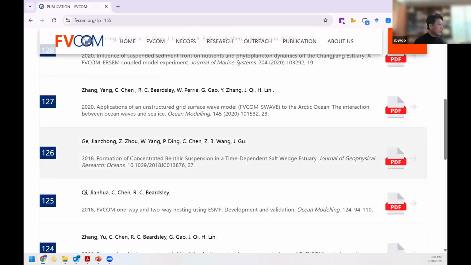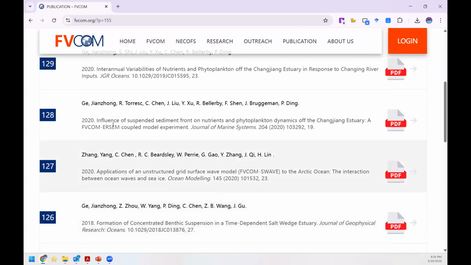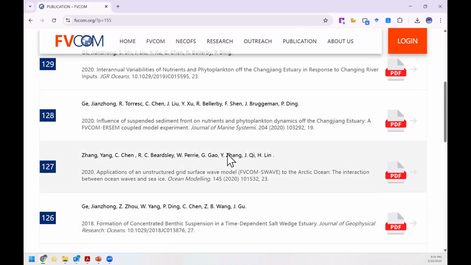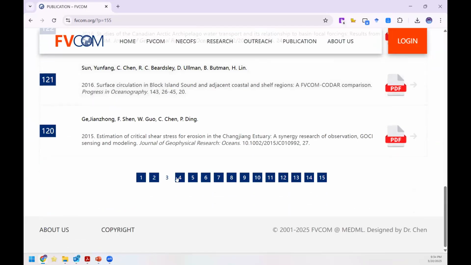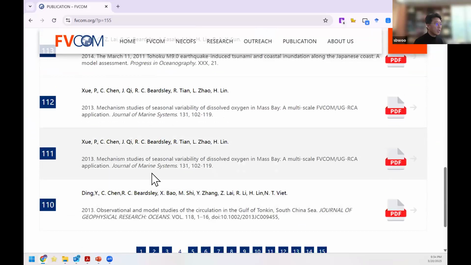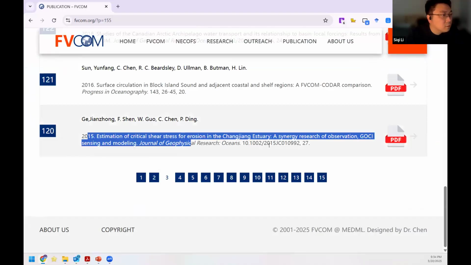Oh, maybe number 120. Formation, sediment transportation, time dependent. No, that's not the one. It's number 120. No, go down. Before that, 120. Is this one?